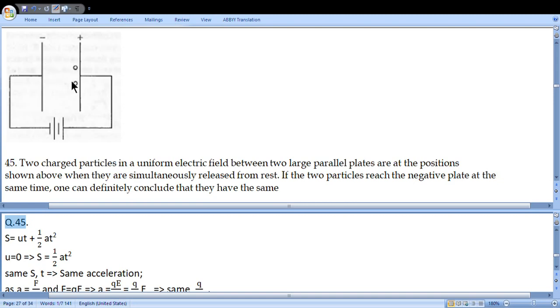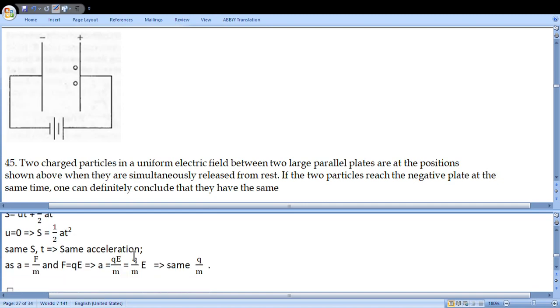So they both move with constant acceleration. This is the formula. They start from rest, so we choose this formula. S equals ut plus half at squared. u equals 0, so the formula simplifies to S equals half at squared.